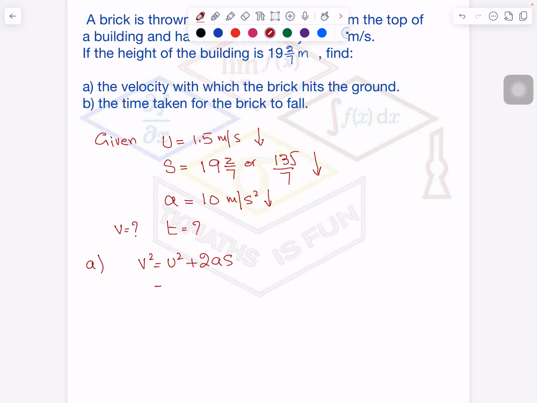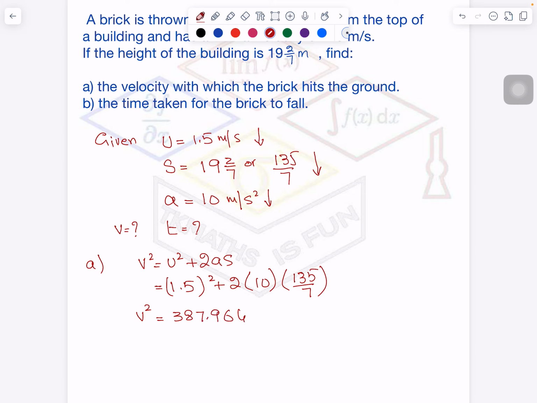That is fine. So u is 1.5 meters per second, 1.5 squared. a is 10 and s is 135 upon 7. Please take out the calculator and let's calculate with me. Okay, I will also use the calculator to figure it out. So v squared is equal to 387.964.